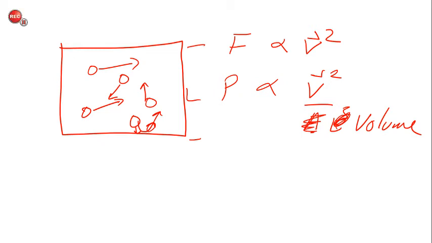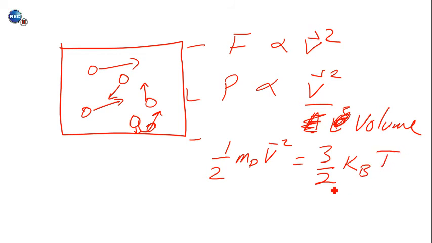So you can go through and look at what's going on, and eventually you derive that this pressure is going to be related to the kinetic energy, since it's related to the velocity of the particles. And so you'll get an expression that looks like 1/2 the mass of the particles times some velocity squared is, and this is an average now, it is not a vector, it's an average symbol, 3/2 Boltzmann's constant times the temperature.